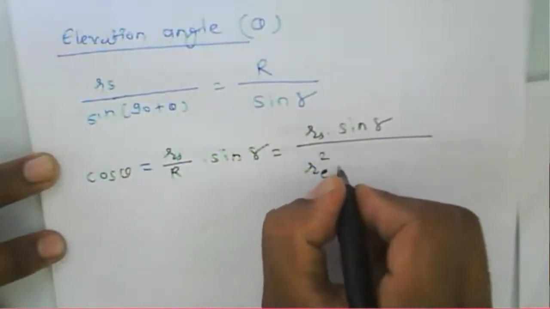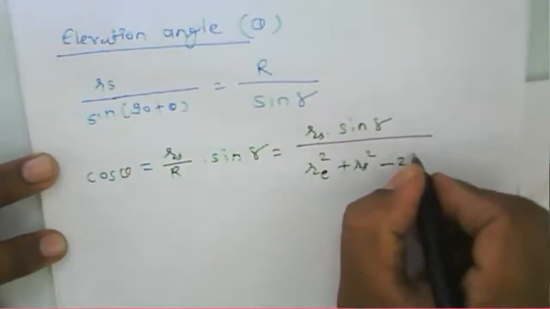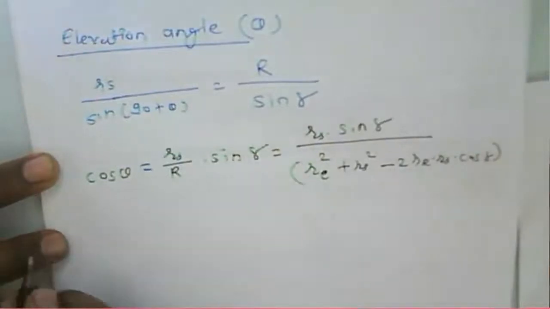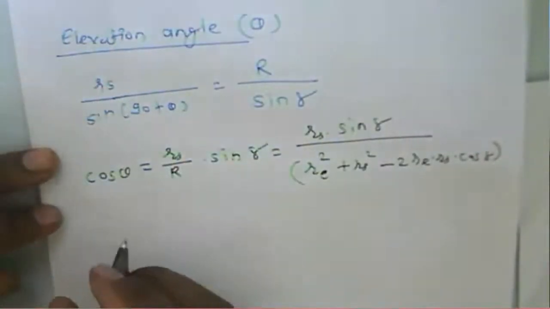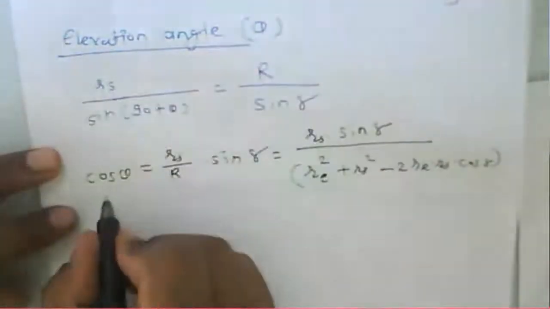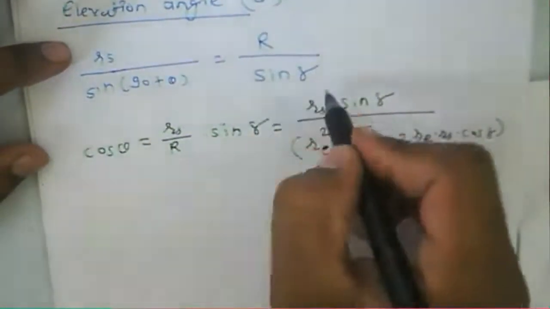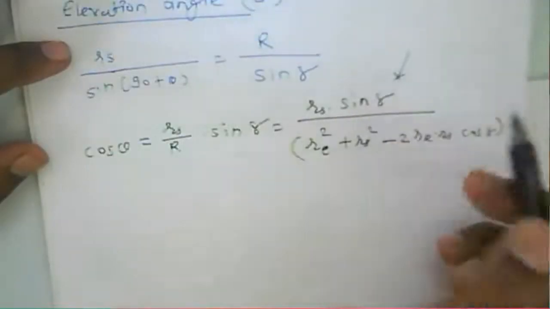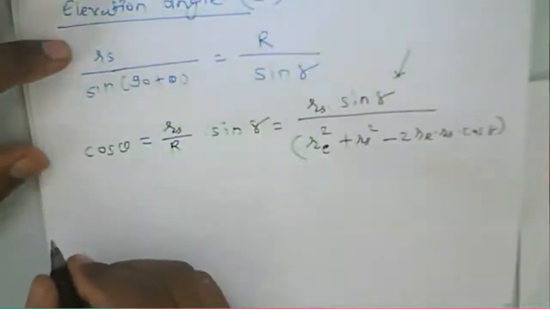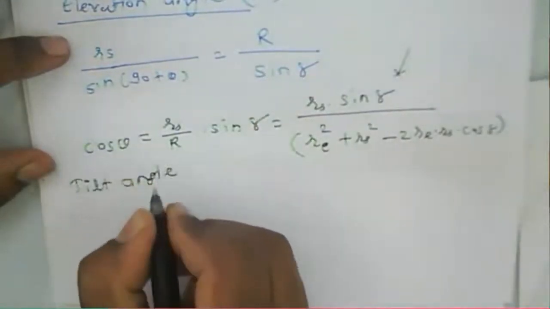We have the radius of Earth Re, and the radius to the satellite point Rs, cos of gamma here. And that is nothing but the angle theta, and we can calculate that angle by putting this particular value here. And another angle is called the tilt angle.